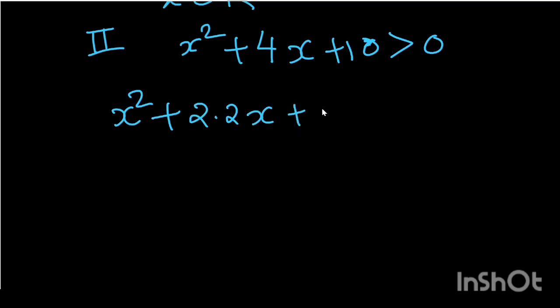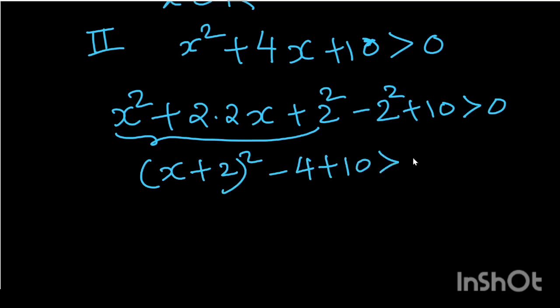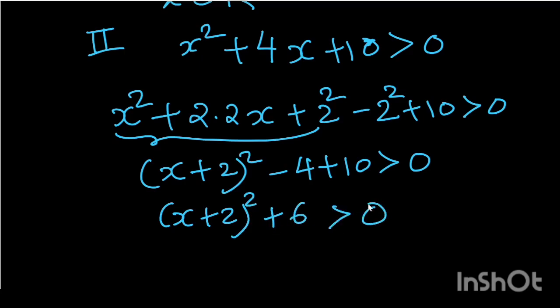So I will add 2 square and subtract 2 square. Now this and this are of the form a square plus 2ab plus b square, which becomes x plus 2 whole square. Now this is minus 4 plus 10 greater than 0. So x plus 2 whole square plus 6 greater than 0.